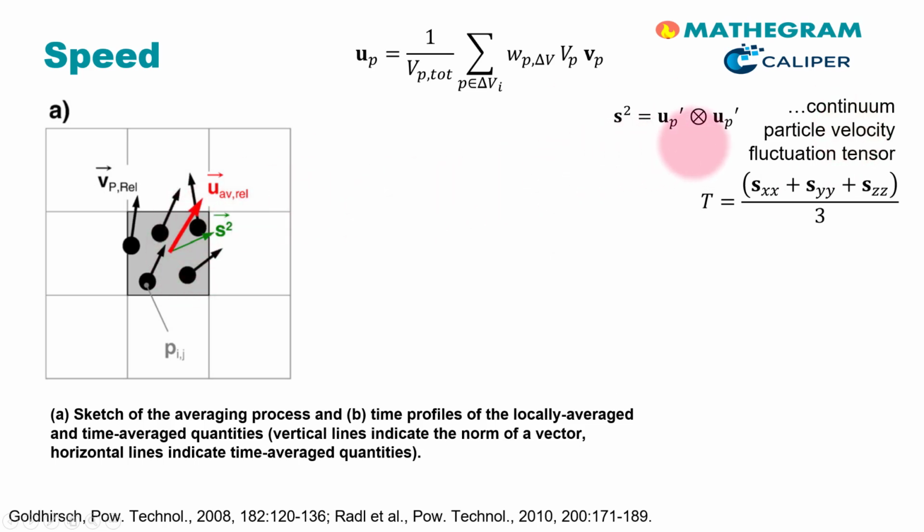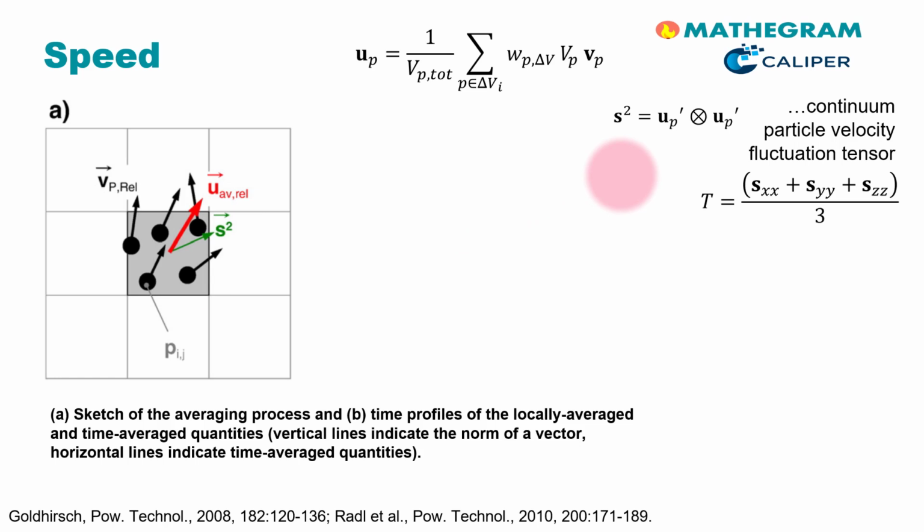This tensor is calculated as the dyadic product of the average velocity fluctuations u prime in an RVE, which is here the gray region. Most important, these fluctuations quantify the particle-to-particle variability of the particle speed.